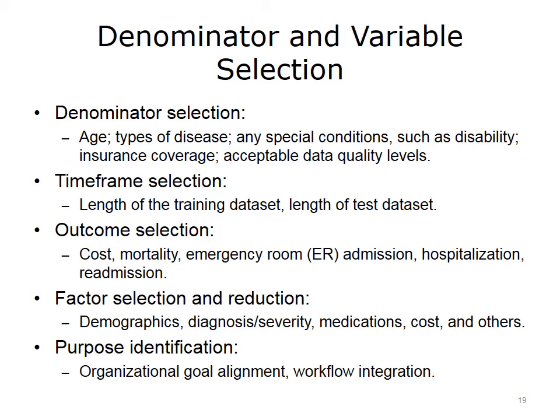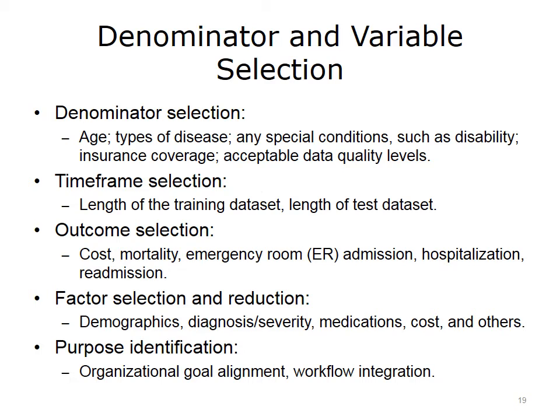Selecting the proper outcome is critical. Outcomes can vary depending on the desired prediction and improvement in a given denominator of a population. Typical outcomes are cost, mortality, emergency room (ER) admission, hospitalization, and readmission.